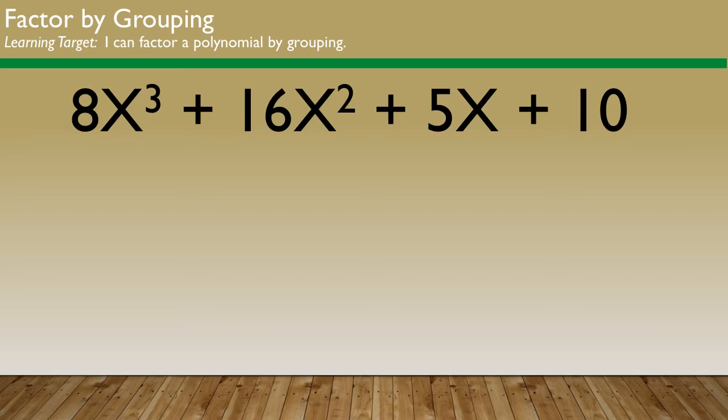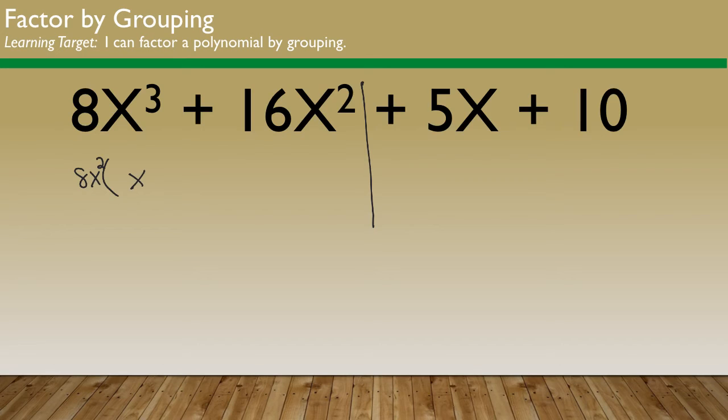All right, next example. First of all, there's not a common factor all the way through. So what's the common factor between 8x cubed and 16x squared? Both of those can be divided by 8, and they both have an x squared. So I'm left with x plus 2.